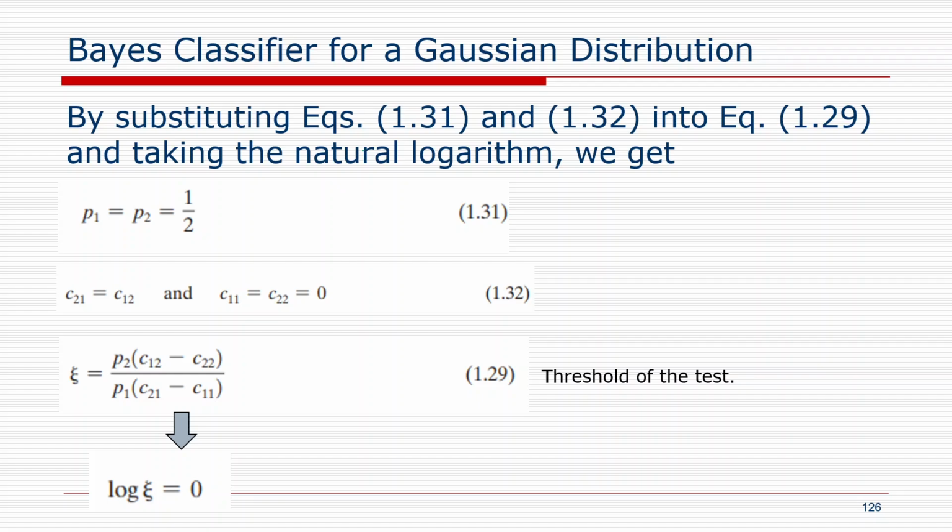And now under the Bayes classifier, we had this xi term. We'll reconsider this once again. Here we have considered that both classes are equiprobable, that is, the prior probability of both the classes is the same, 1 by 2.